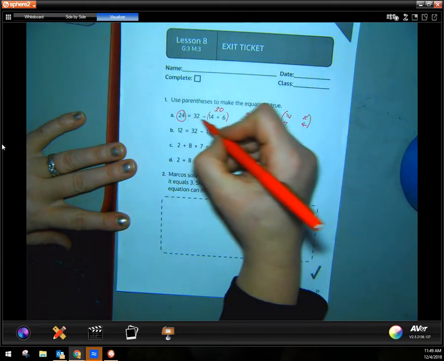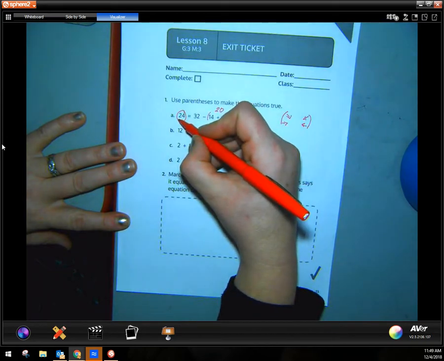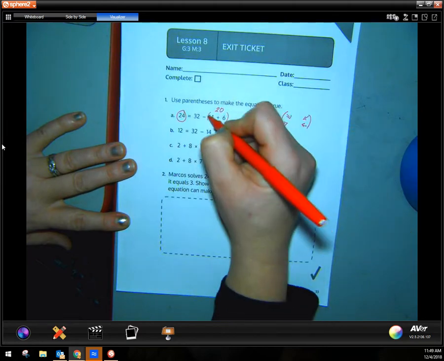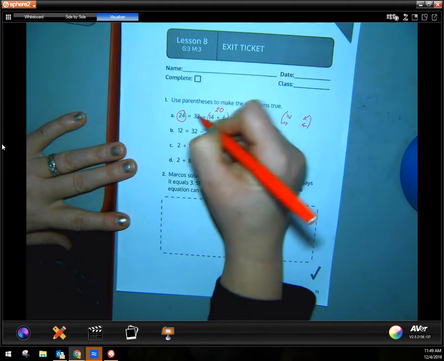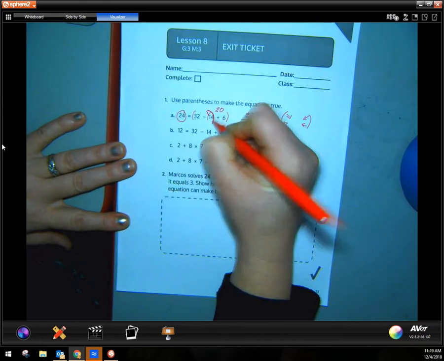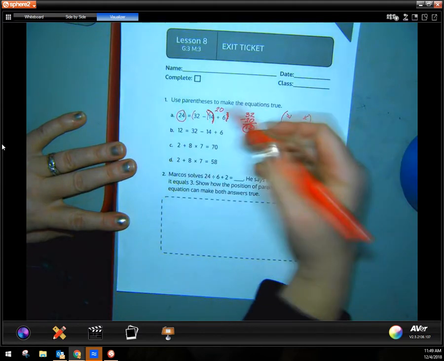The parentheses have to be on this side of the problem. You can't put parentheses on the answer because you're not doing anything with the answer. So now instead of having my parentheses here, I've got to go like this and put parentheses in here. I'm going to scribble that one out. I'm kind of making a mess because it's in ink. So now I'm going to try this.